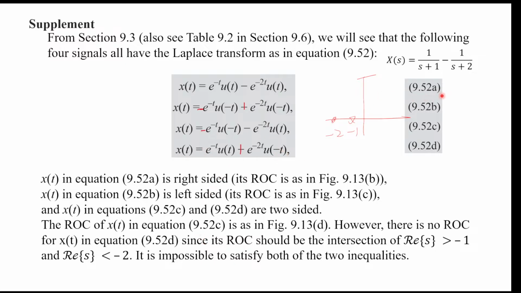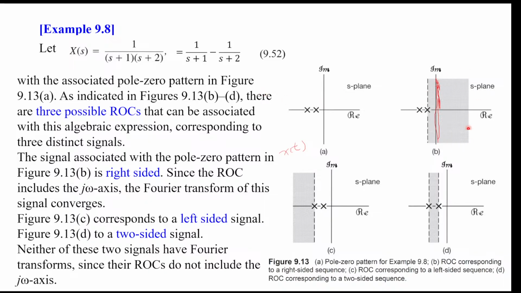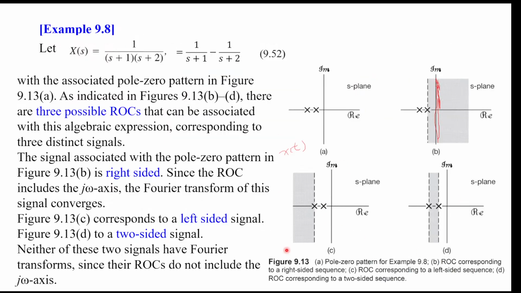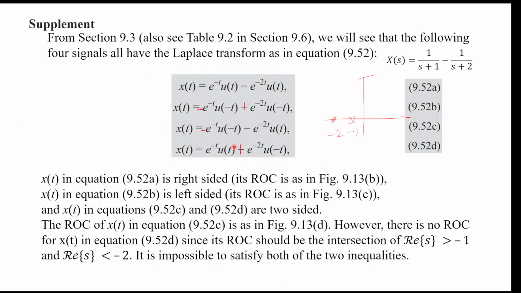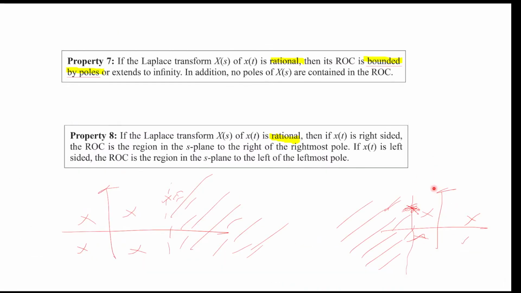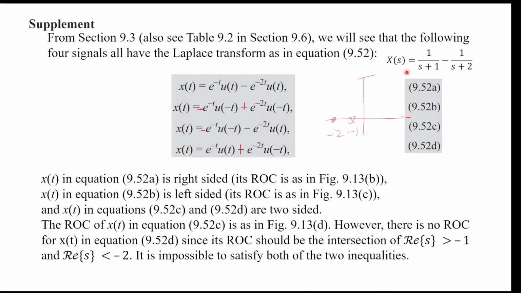The first one corresponds to a right-sided function with this ROC, the second one corresponds to a left-sided function with this ROC, and the next one is a two-sided function with this ROC. Basically, each partial fraction here has 2 possible ways to pick the ROC. But that's actually later material for inverse Laplace transform.